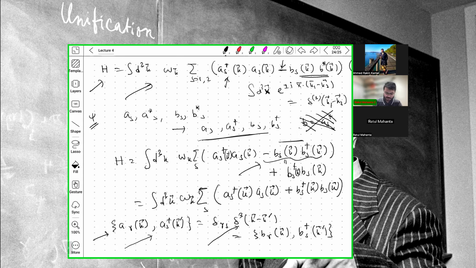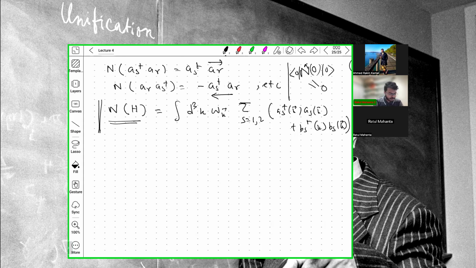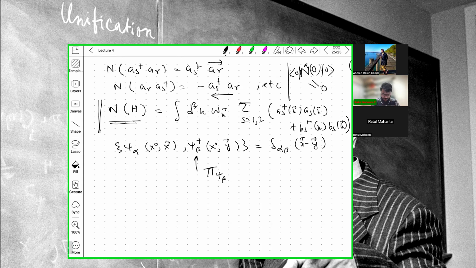Using the anti-commutation between a and b, you should be able to check the equal time anti-commutator of this, which is actually this, and this has π, so π_ψ includes this, the dagger of this we have seen.